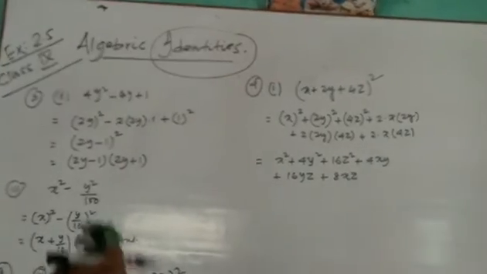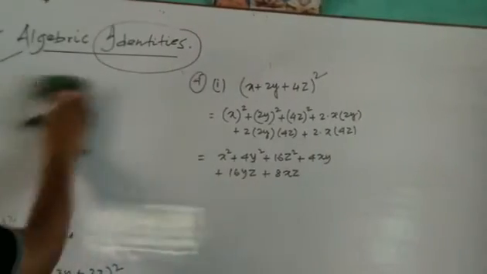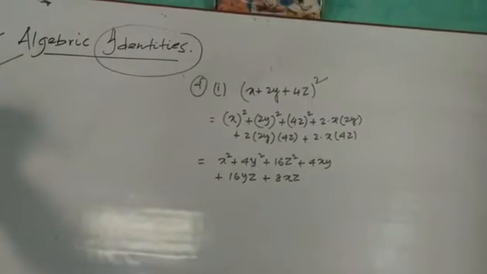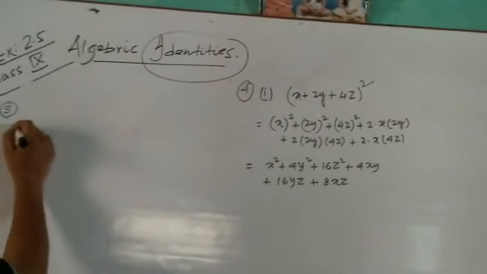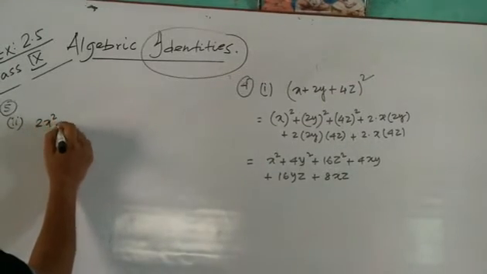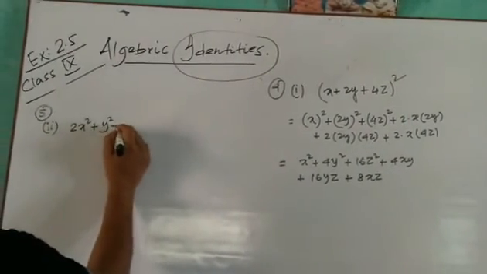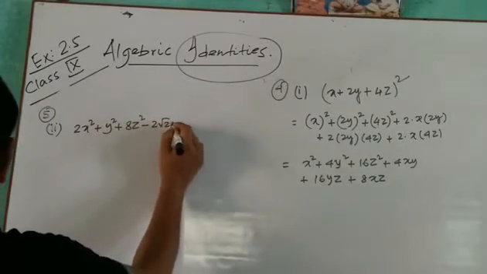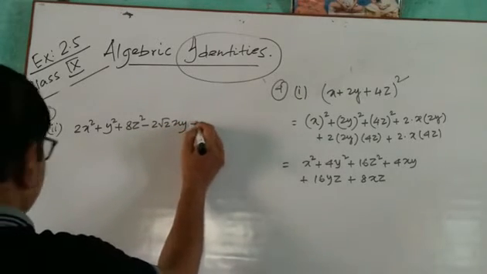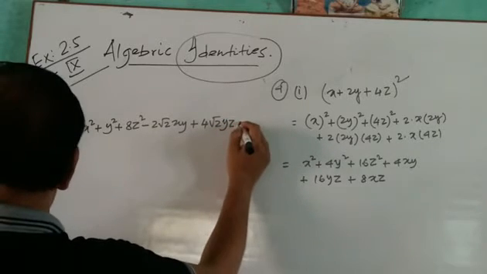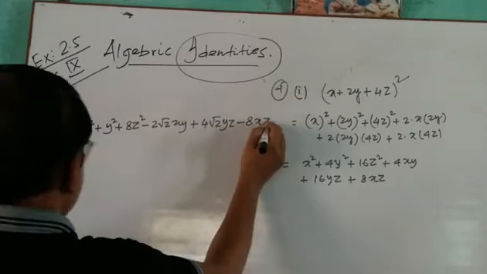Now come to question number 5. Two questions are there. I will explain one for you, that will be question number 2: 2x square plus y square plus 8z square minus 2 root 2 xy plus 4 root 2 yz minus 8xz.